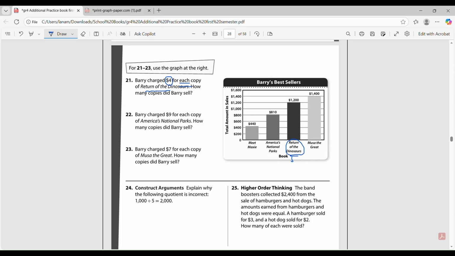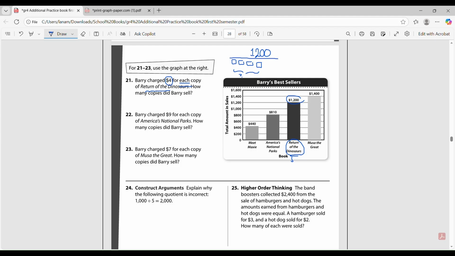I told you before, whenever we have a total and we have a number of groups, like here we have a number of copies, I have the total amount of money that he has, which is 1,200. So we have the total. I have a different number of copies that I don't know, so I'm going to put a question mark here.